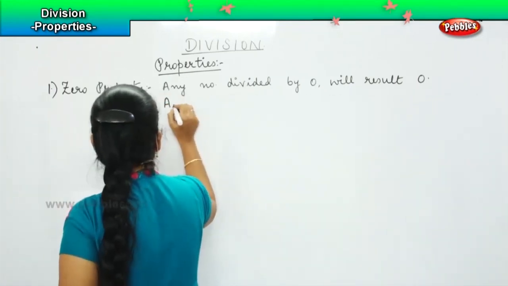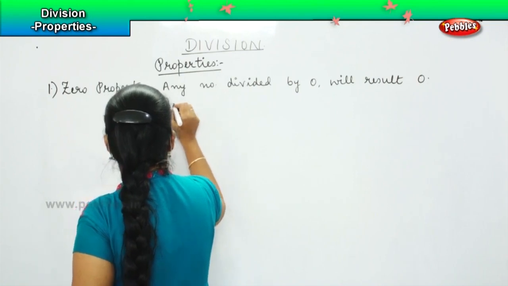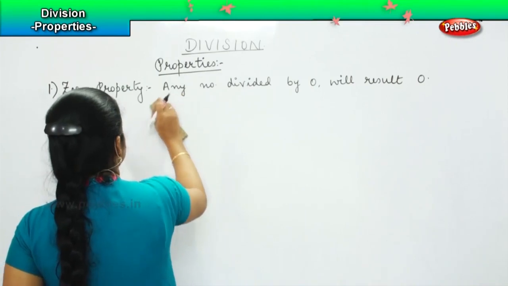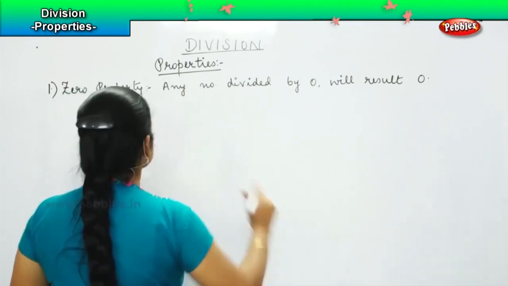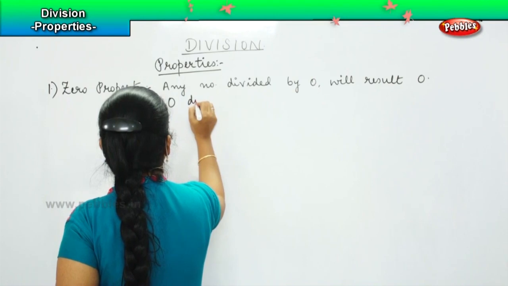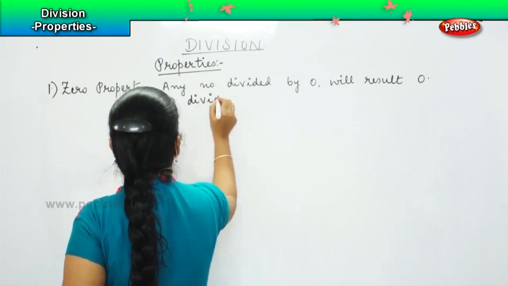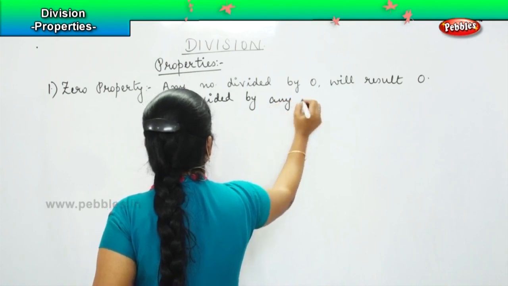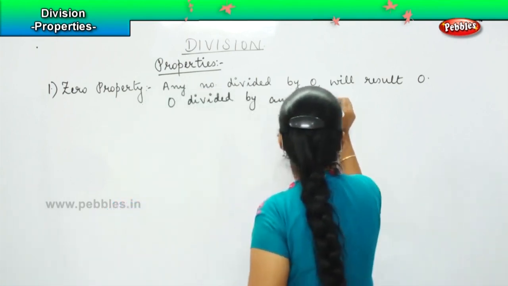Similarly, 0 divided by any number cannot be divided.